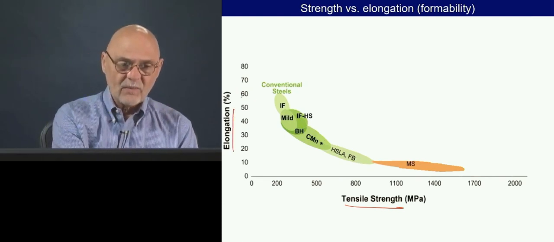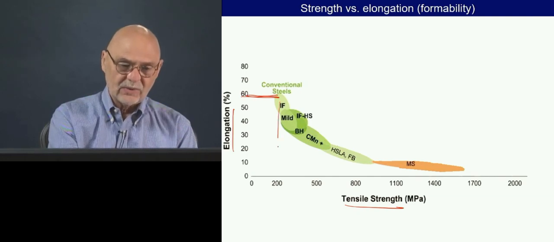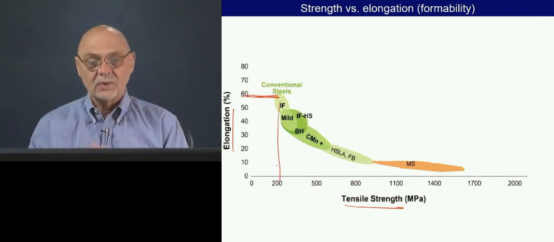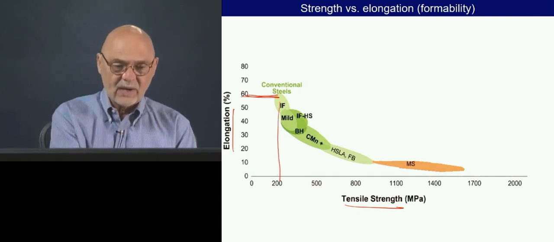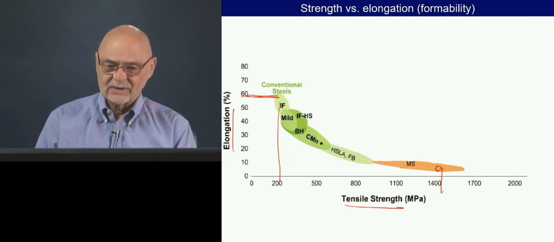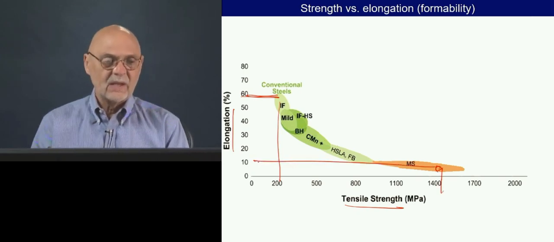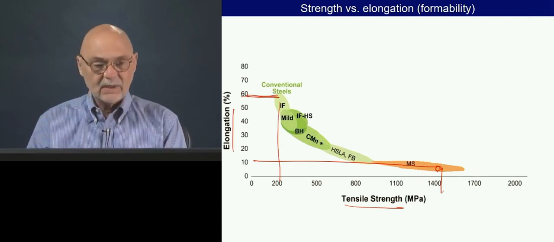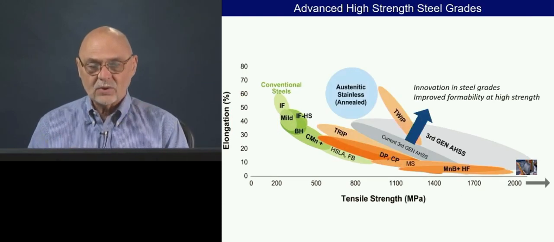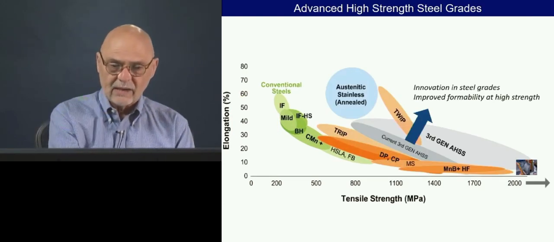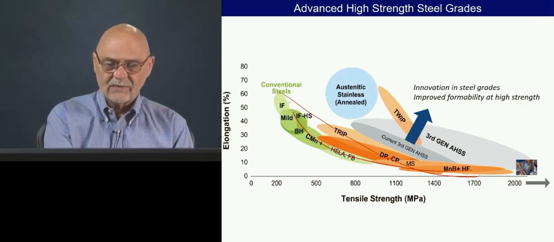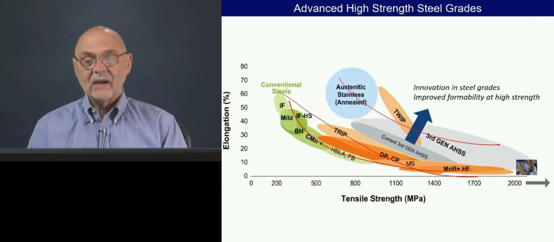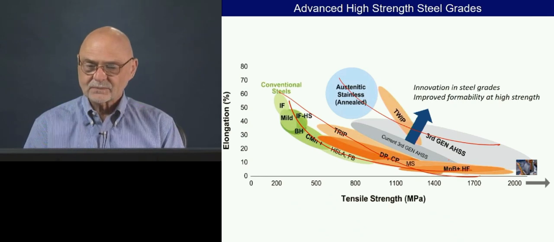So if we want really good formability, we're stuck with relatively low tensile strength steel. If we want good tensile strength, then we're stuck with making it out of very simple parts because we can't get much elongation in the material. And this is the whole idea of the so-called advanced high-strength steel grades, that they break this trade-off and raise that curve upwards and to the right.